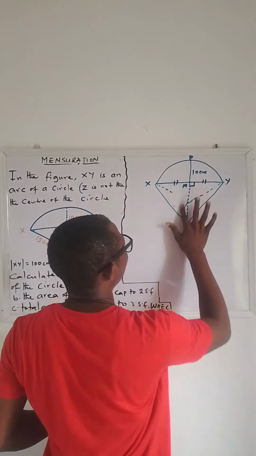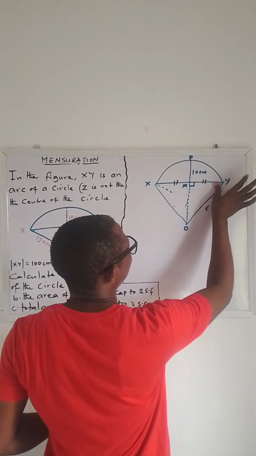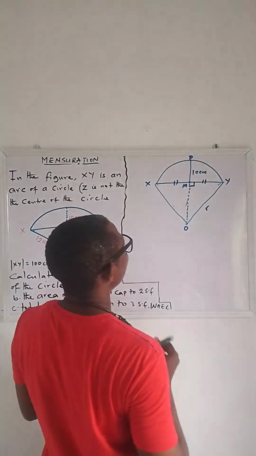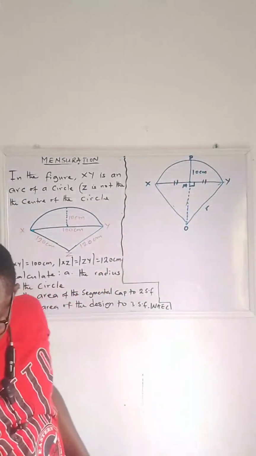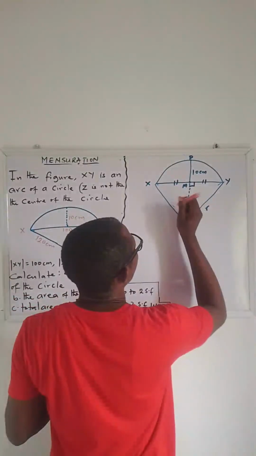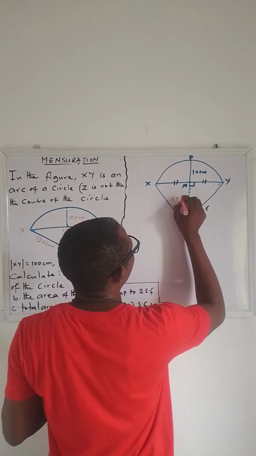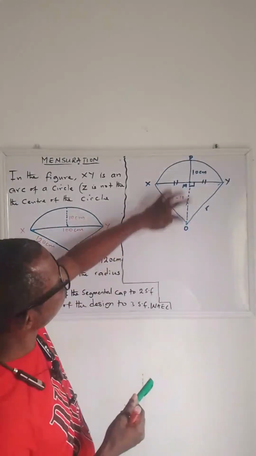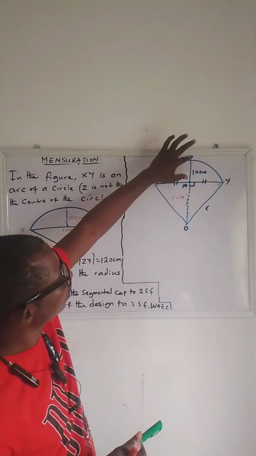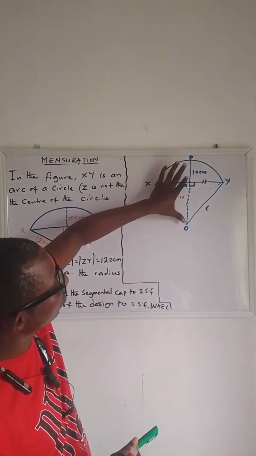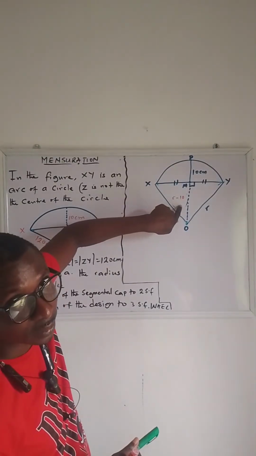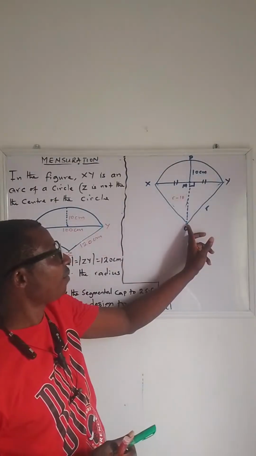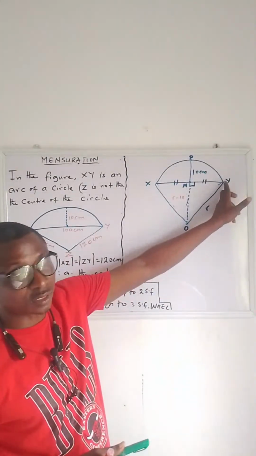Let me write it well. So this side here is R minus 10. Since from here to here is R, and this place is 10, this small part is going to be R minus 10. This is R because this is the line from the center of the circle to the circumference of the circle.